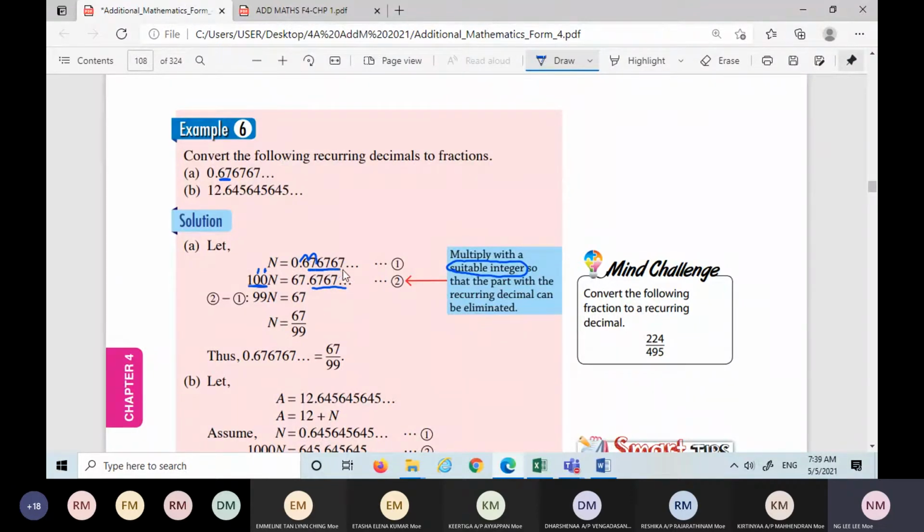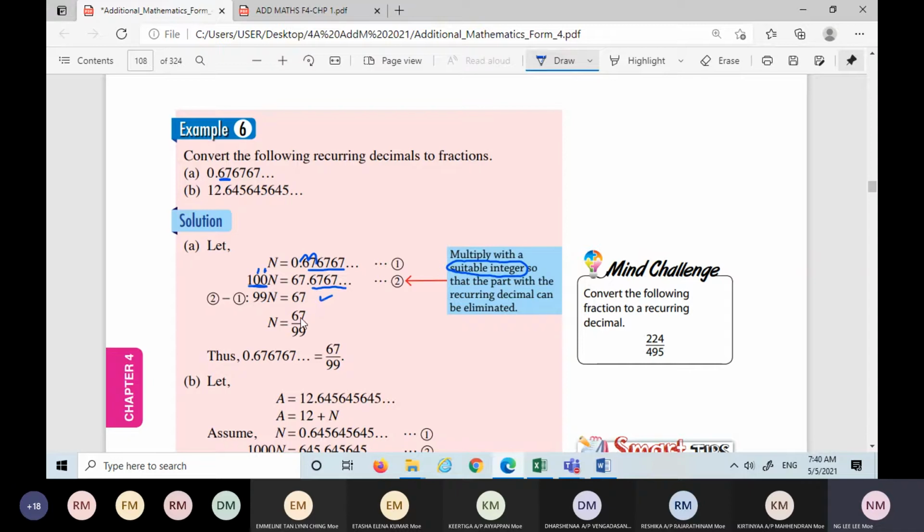How? By using the second equation minus the first equation. The left hand side, 100n minus n, gives 99n. The right hand side, 67.676767 minus 0.676767, gives 67.